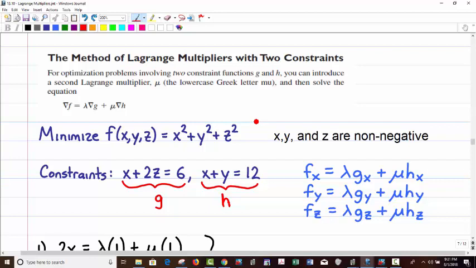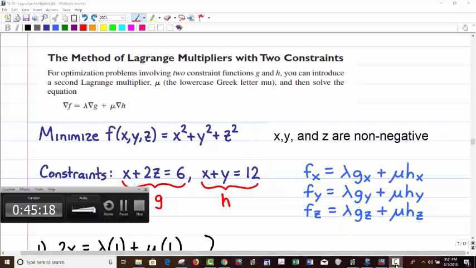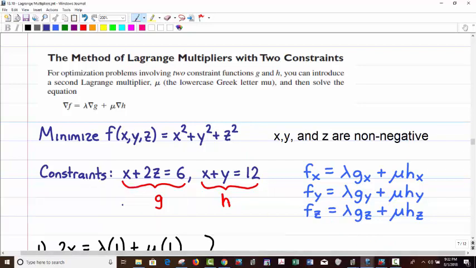I wasn't wrong, but I was kind of conveniently dividing out variables because I knew we didn't need the zero solution. So now we have two constraints that must be satisfied, even though we're trying to minimize that function. These two equations have to be satisfied: x plus 2z equals 6 and x plus y must equal 12.